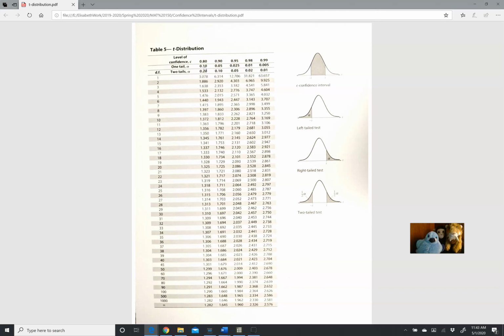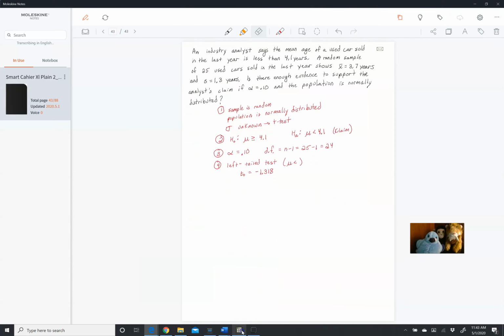And we're going to go down to 24 because that's our degrees of freedom. If we go all the way down to 24, we get 1.318. That's our critical t value, and it's left-tailed, so we're going to put a negative sign in front of it. So it's negative 1.318. That's our t sub 0.